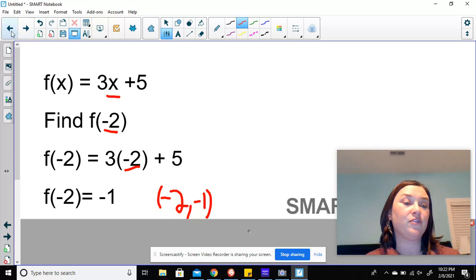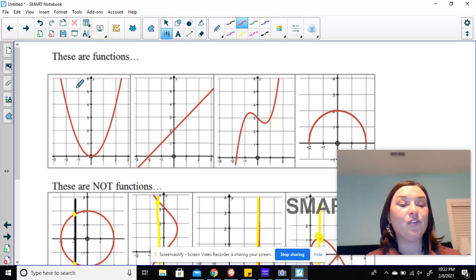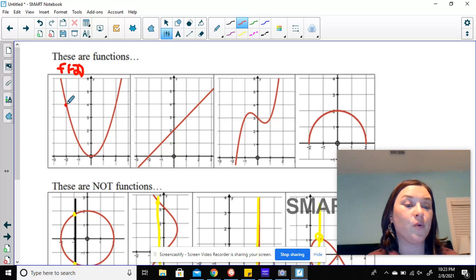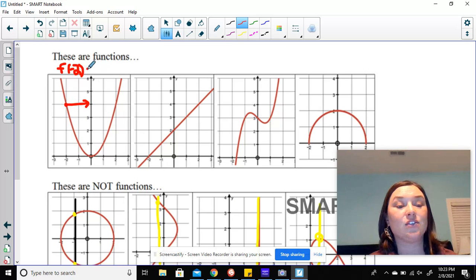Now let's go back to some of the functions we looked at before. If I gave you this function right here, the first one on the left, and I ask you the same question, what is f of negative 2 from this graph? There is no equation to plug it into, but I can go over to negative 2 on the x-axis and see where that is touching and what is the y value that goes with that, and in this case it's 4.